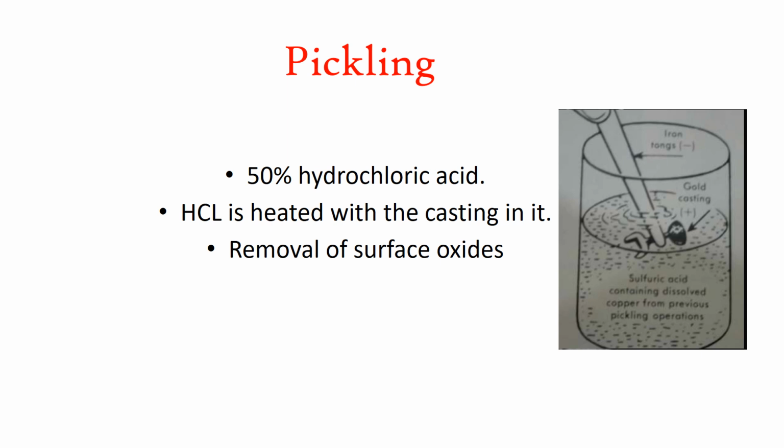This pickling is done for gold casting. If it is a phosphate bonded investment, that means a base metal casting, then you put it in hydrofluoric acid, HF, and HCl is for gold casting. It will remove all the surface oxides from the casting.